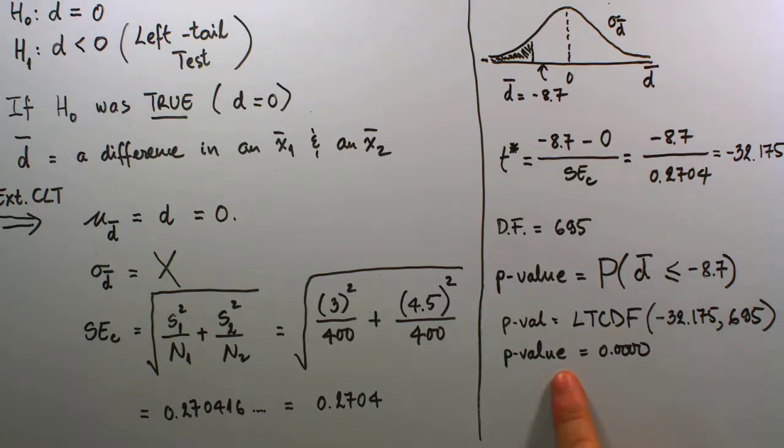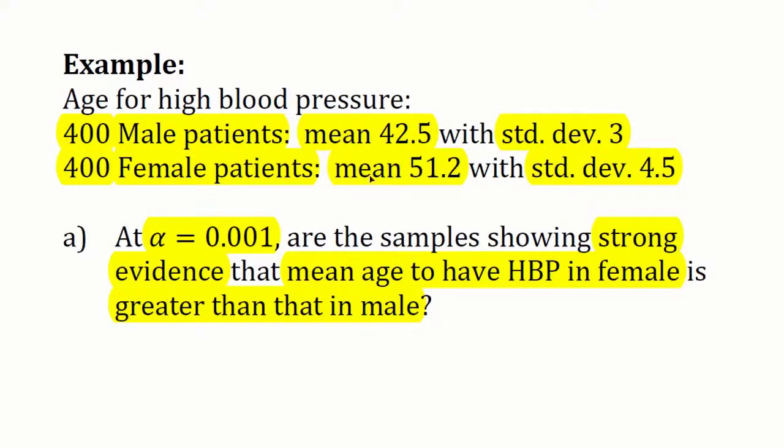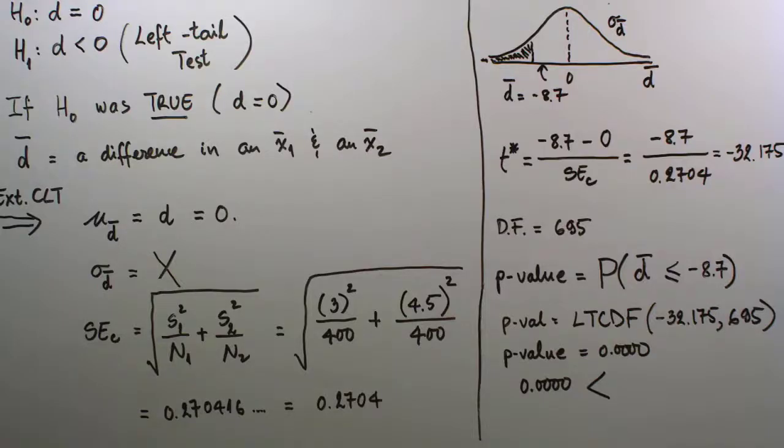And now that we have found our p-value, apparently this p-value that we have calculated is much less than the significance level given in the problem. Allow me to quickly swing back to the information given here. We are looking at significance level 0.001 here. And so comparing our p-value with the significance level, we are well below the significance level.